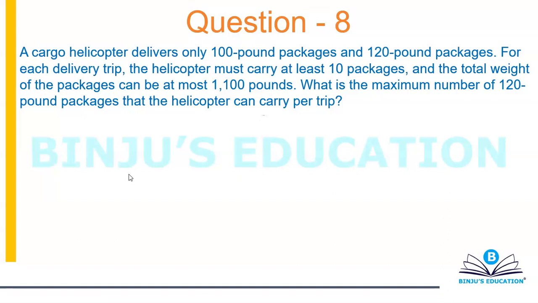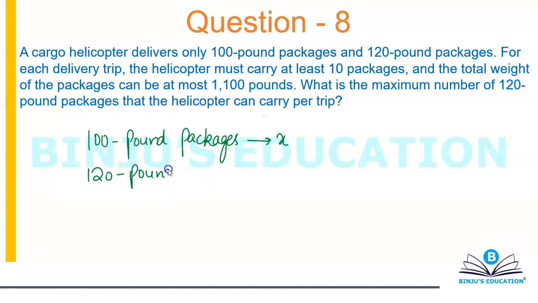So from the start itself, I'm going to define the number of 100-pound packages to be X, and I'm going to define 120-pound packages to be Y. Rather than reading it again and again, I'm going to read it as X and Y. It's going to be convenient for me.